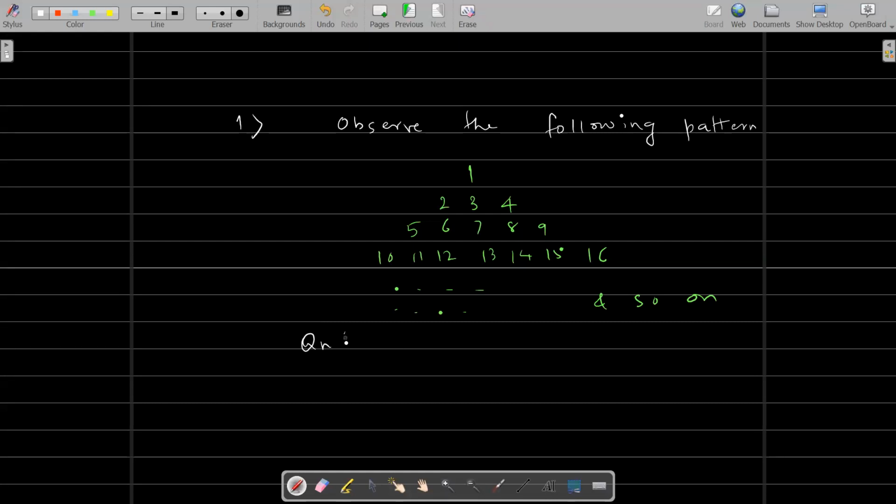Then in which row and at what position from left will the number 2023 occur?